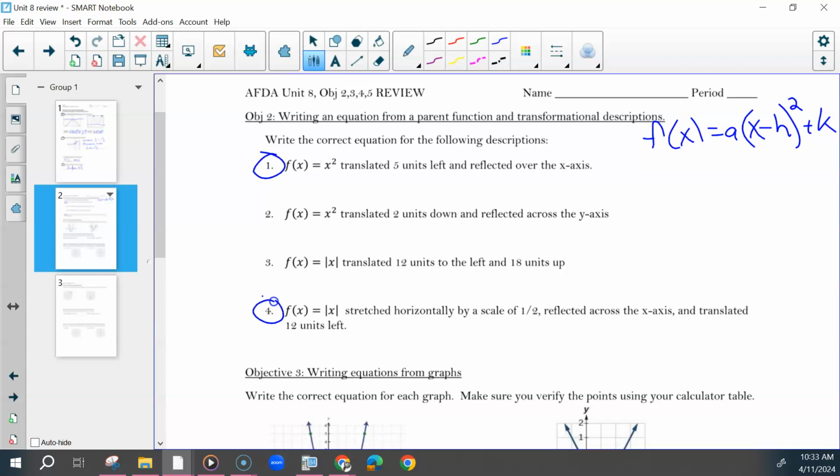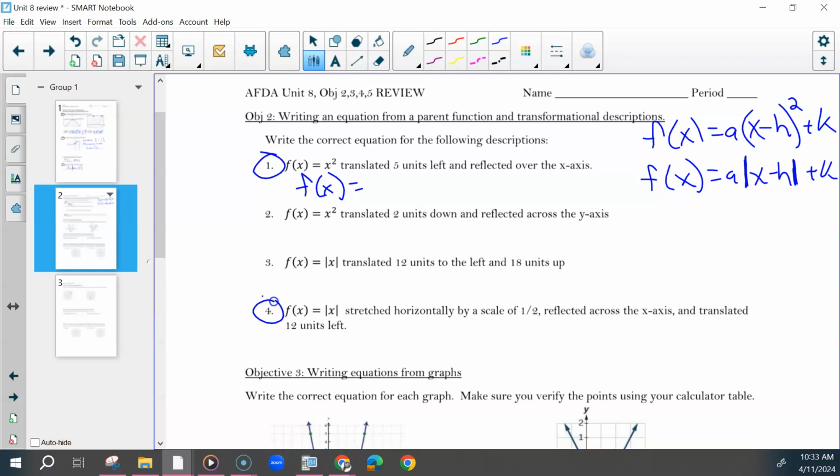For your absolute value, same thing, but absolute value not parentheses, and not squared. So it's going to be one of these two. For number 1, I see it's x squared, so I'm going to be using this first one. F of x equals.